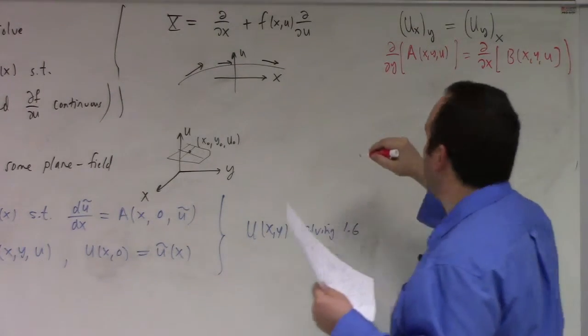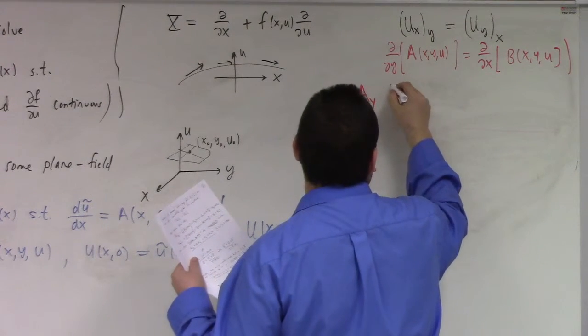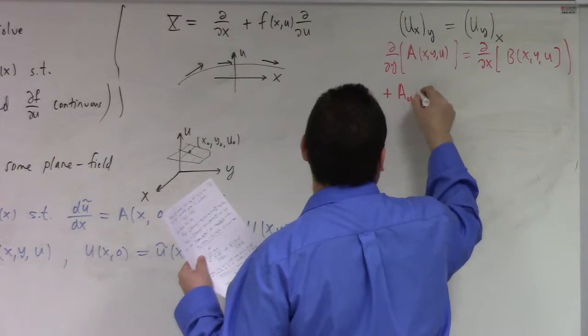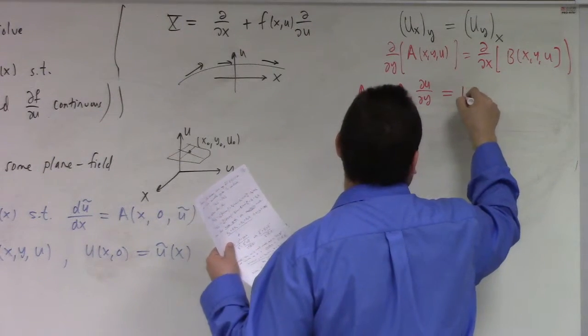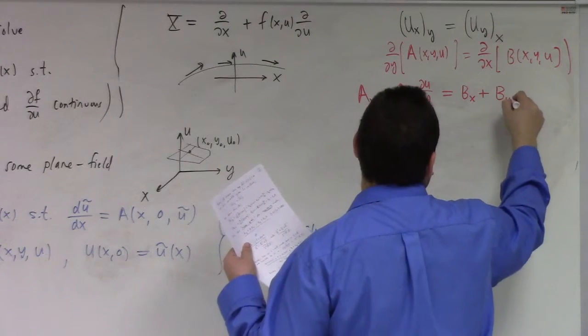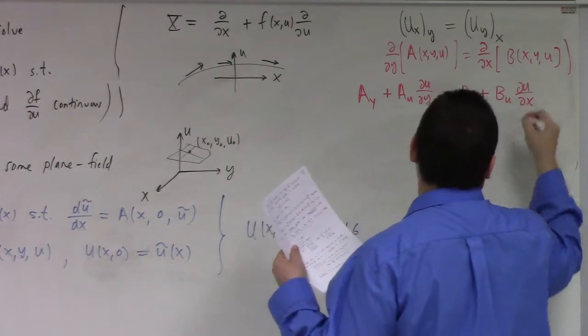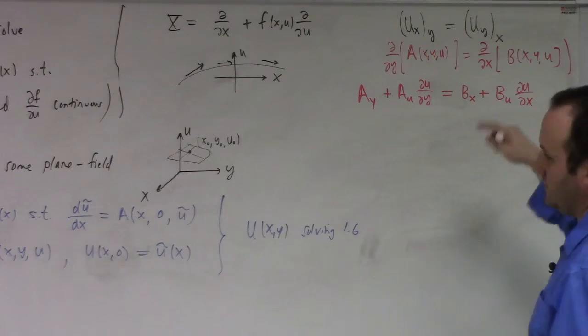Now, by the chain rule, this just gives me a sub y plus a sub u times partial u partial y, is equal to b sub x plus b sub u times partial u partial x. All of these things are at x, y, u. Hey, but what is partial u partial y, and what is partial u partial x?